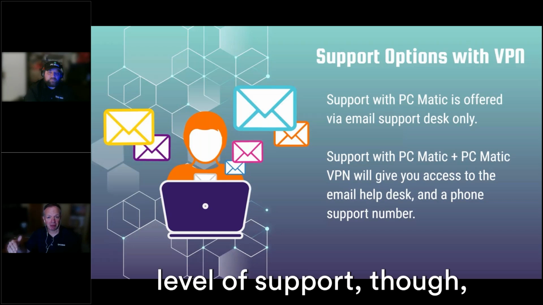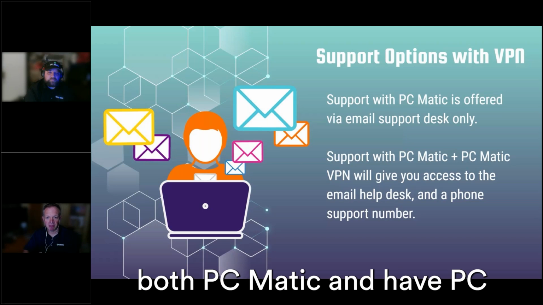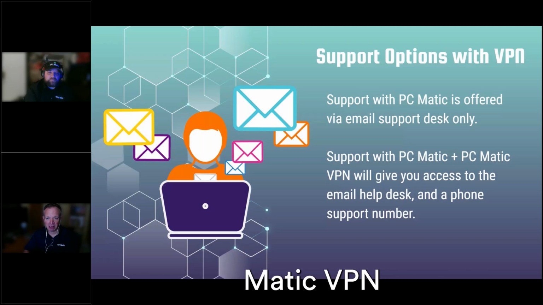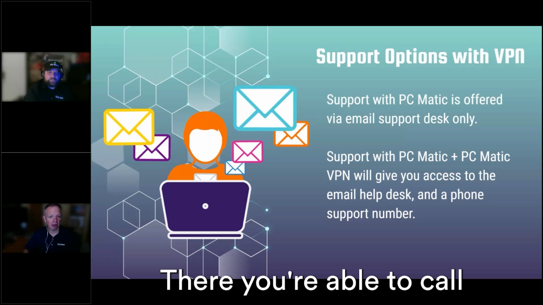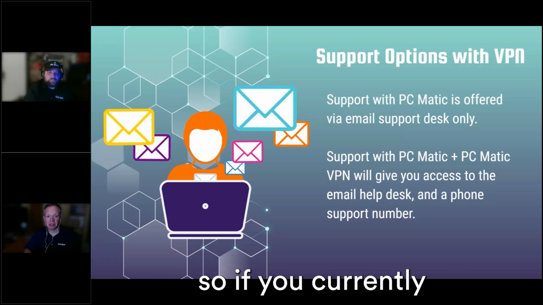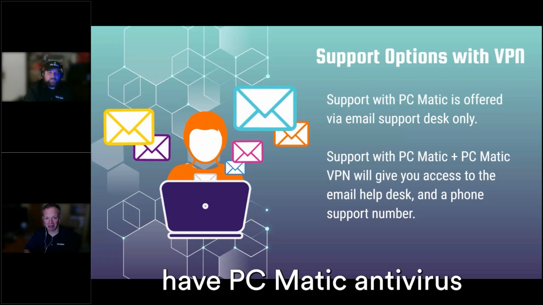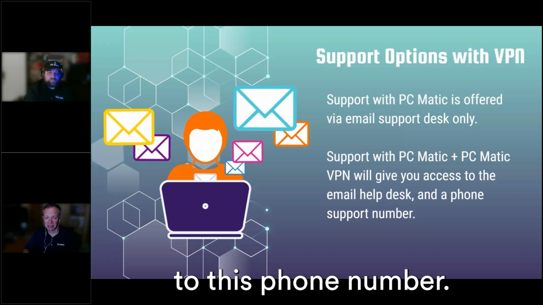The elevated level of support, though, is available to those who purchase both PCmatic and PCmatic VPN. You have access to a product support phone number that you're able to call with questions about PCmatic products specifically. So if you currently have PCmatic antivirus and you have PCmatic VPN, you have access to this phone number.